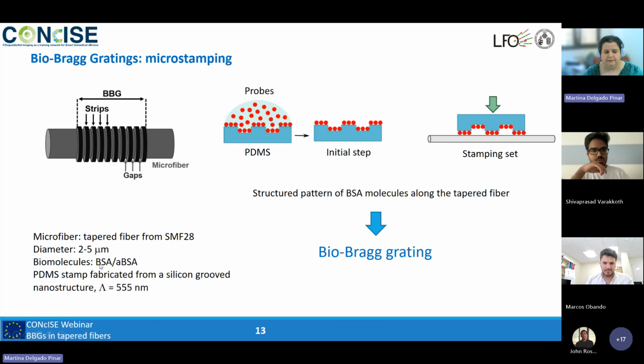We are going to use a model BSA anti-BSA assay, and the proteins will cover the surface of the grooved PDMS stamp. When we put the stamp in contact with the fiber, the molecules on the higher part of the grooves of the stamp will transfer to the fiber, so we will have this kind of strips of biomolecules. That is what we call a bio-Bragg grating.